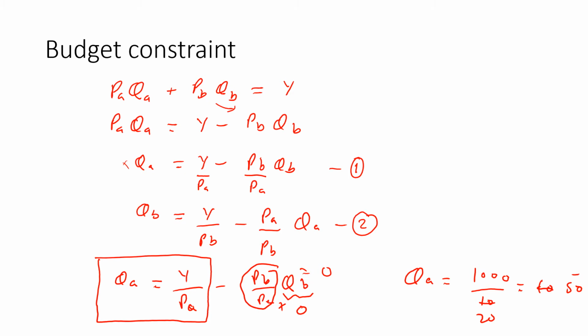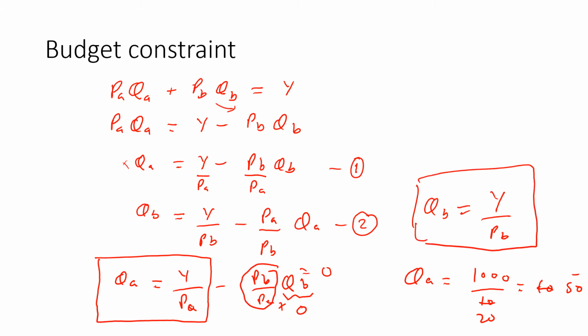You can write the same for QB as well, and QB will equal Y over PB if there is no quantity of apples consumed. So basically, this is what we can get from the budget constraint, but it is not alone.